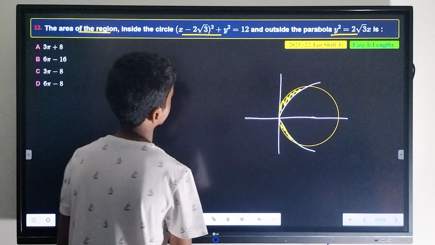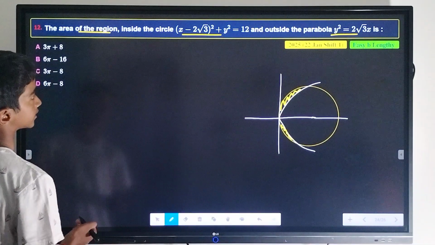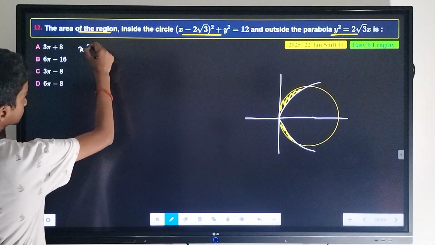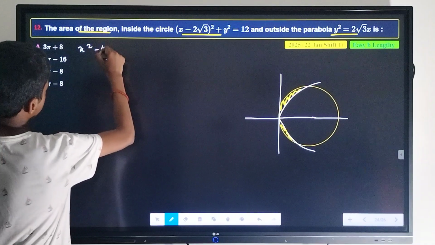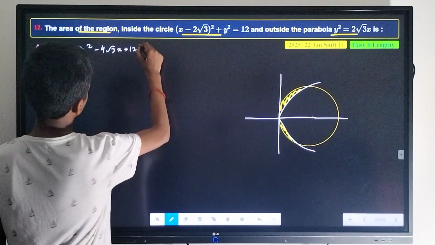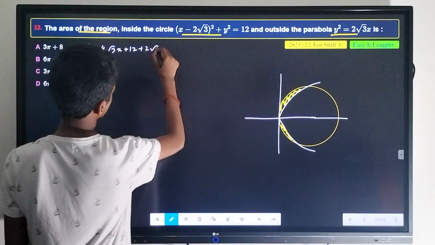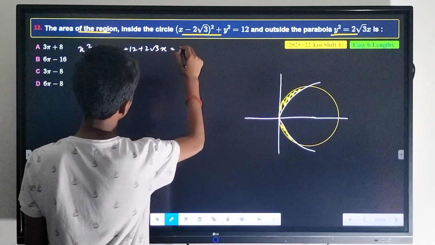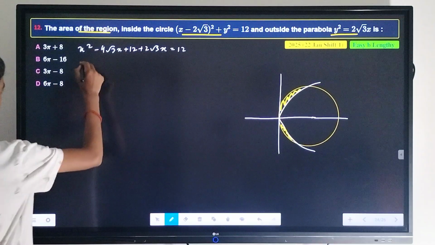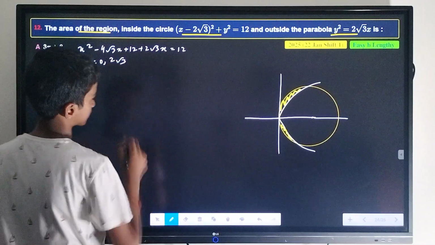Now let's find the intersection points of these two curves. So this will be x square minus 4 root 3 x plus 12 plus 2 root 3 x is equal to 12. So from here x is equal to 0, 2 root 3.